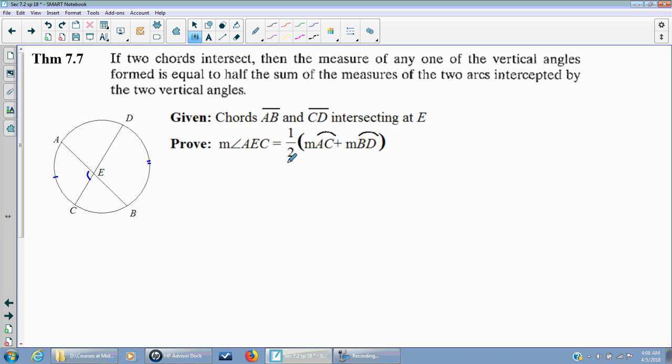Okay, now on this one we're going to be looking at angles and arcs, so we have several theorems from a previous section here. So on 7.7, let's construct one line segment. So for the proof here, let's start by constructing.